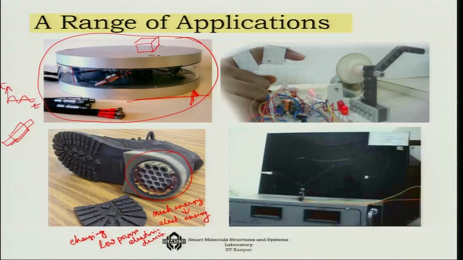There are many other applications. For example, this one, which is not very clear, is like a butterfly wing, and if you apply temperature, you are going to see that this wing flaps. So you can generate a kind of insect flapping with the help of this kind of system. And here is another system, a master-slave. This is a master finger.